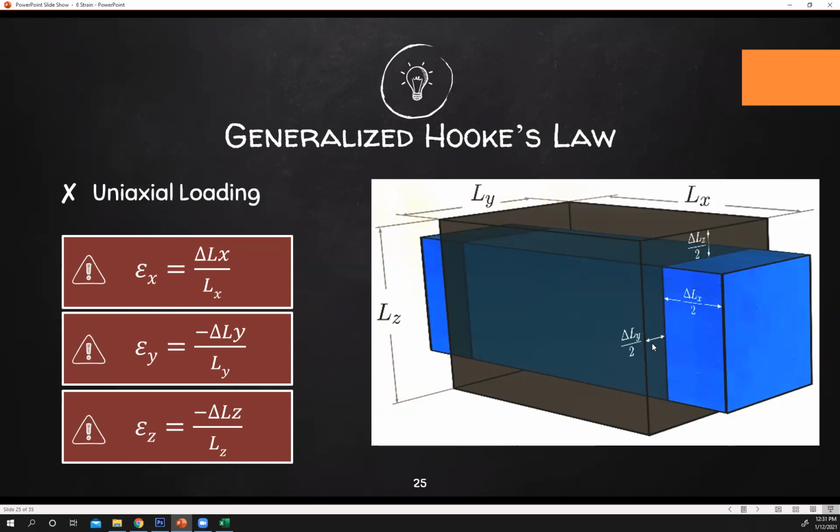So there's a decrease in dimensions. That's why this is negative. Remember, our elongation or deformation is positive if it's tension or elongating. Then our deformation is negative if it's compression or shortening. That's why this is negative. So that's for uniaxial loading.